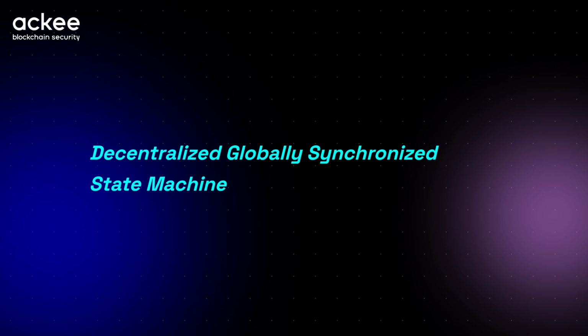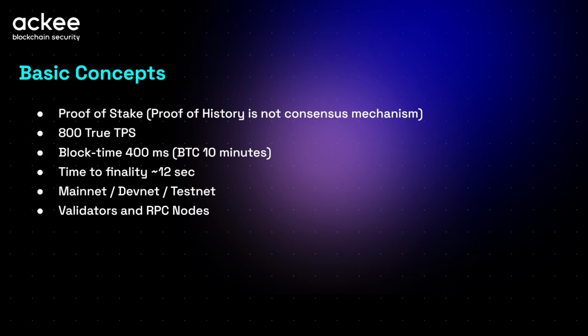And yeah, let's now continue to different basic concepts, but these are more technical. Solana, as its consensus mechanism, uses proof of stake, and you may know proof of stake from the Ethereum perspective, or you may know a different consensus mechanism, for example, proof of work, which is used on Bitcoin.